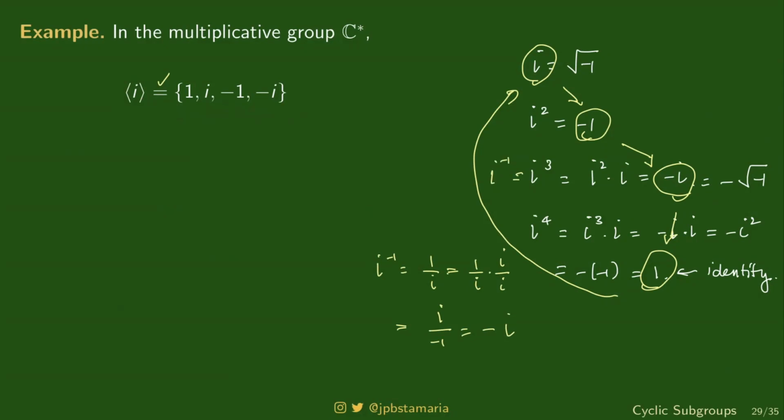If you draw the complex plane, alam niyo yung complex plane? Are you all familiar with the complex plane? Yung complex plane, parang Cartesian plane lang din siya. Pero, instead na y-axis yung pangalawang axis, ito yung 1, 2, 3, negative 1, negative 2, negative 3.